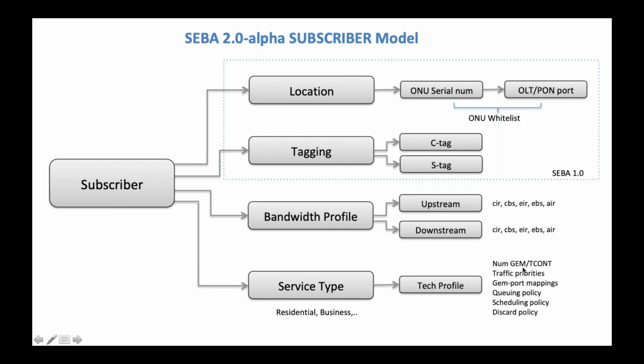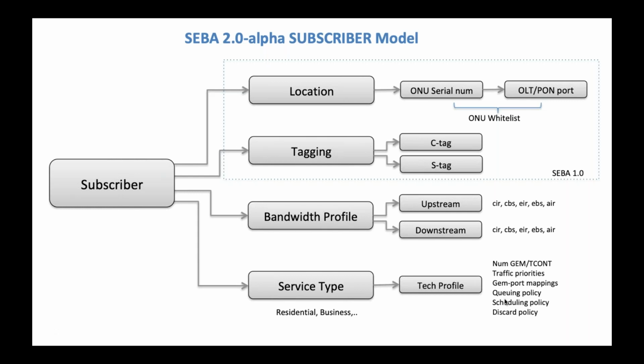So how many GEM ports or TCONTs you have, what are the priorities that you give to the different types of traffic coming from this particular subscriber depending on the subscriber's type, how you map those different kinds of traffic to the GEM ports that you have available, what is your queuing policy, your scheduling policy, how you discard things in a queue.